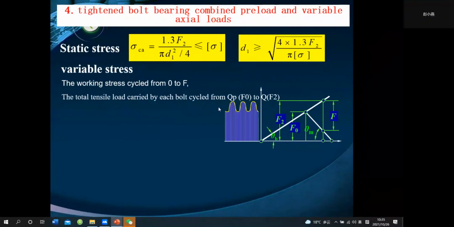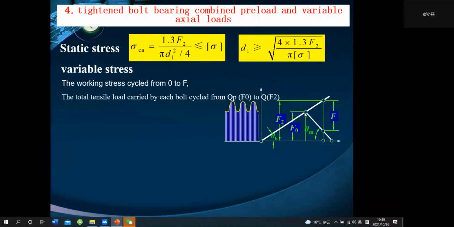If the working stress cycles from 0 to F, the working stress is the actual stress working from 0 to F. The total tensile load carried by each bolt cycles from F0 to F2.